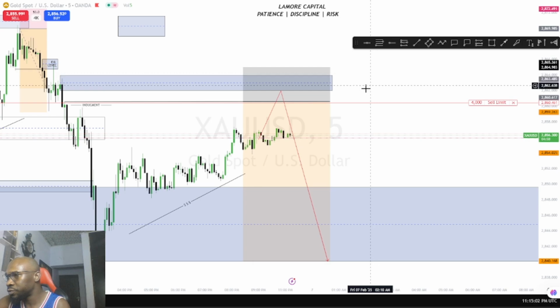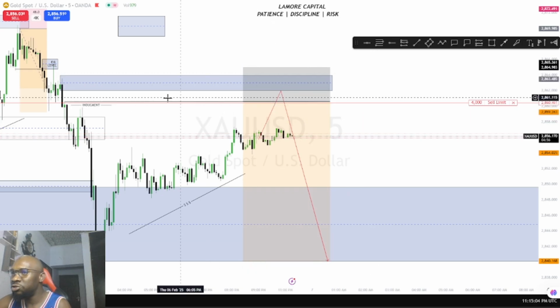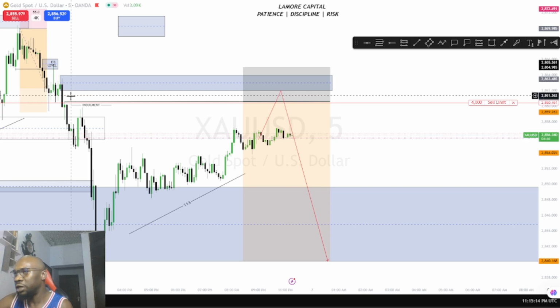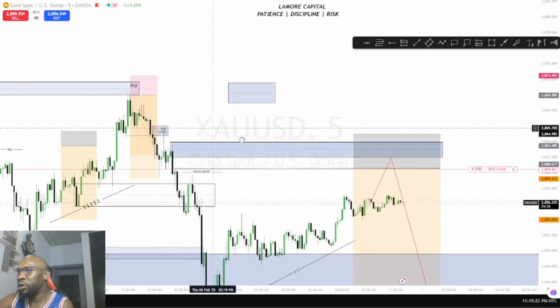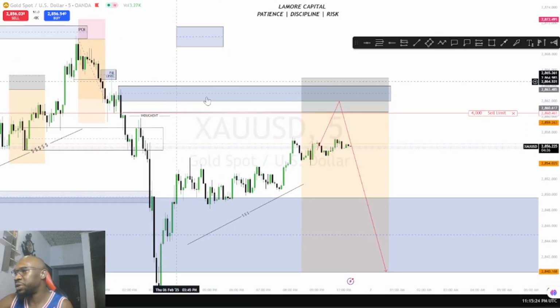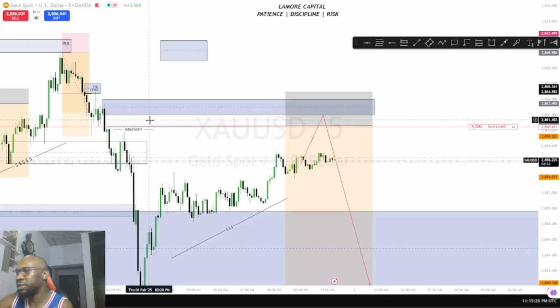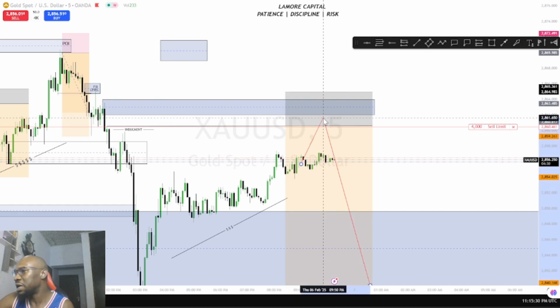We are targeting a 1:4.68. My entry is lying around my fair value gap, my imbalance, my FVG. I don't know what you guys call it, either FVG or imbalance, but it's lying around my imbalance, because I expect the market to respect the imbalance even more than the order block.